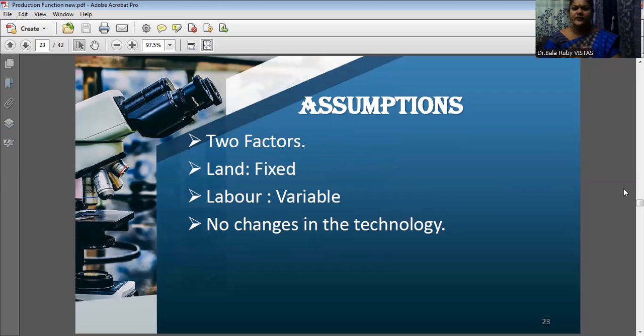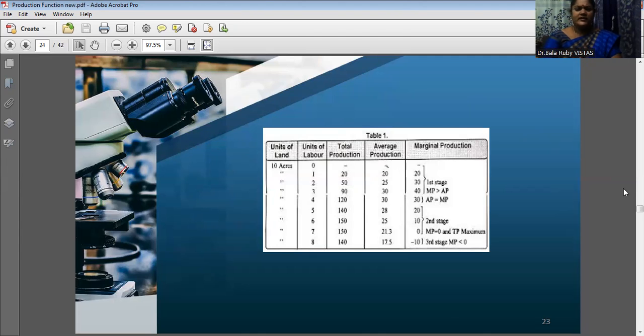So labor is a variable factor. And here we assume that technology remains constant. Practically it is not possible because technology always changes, but in this law we assume there are no changes in technology. So these are the main assumptions in this law of variable proportions.